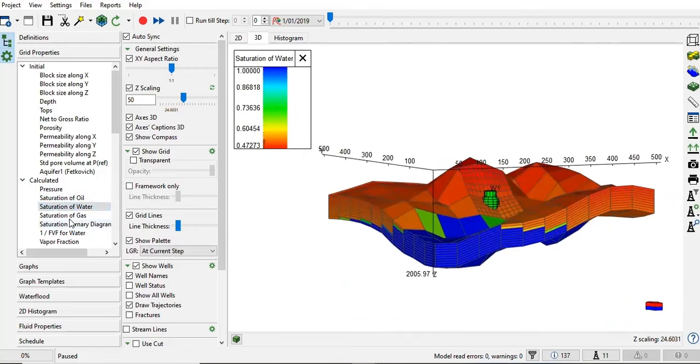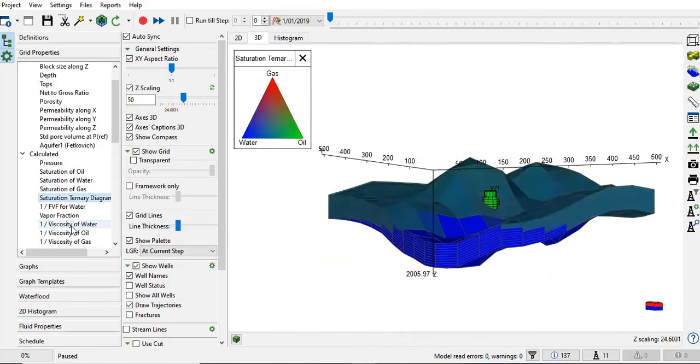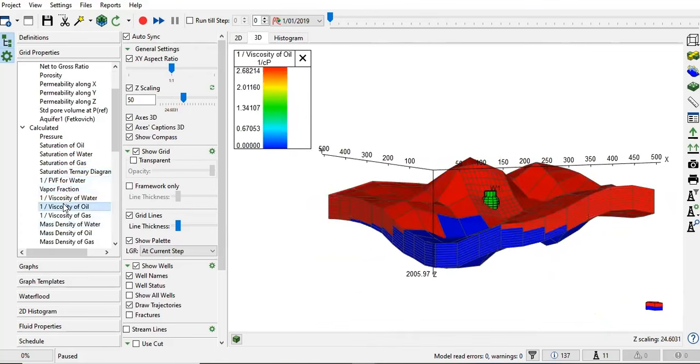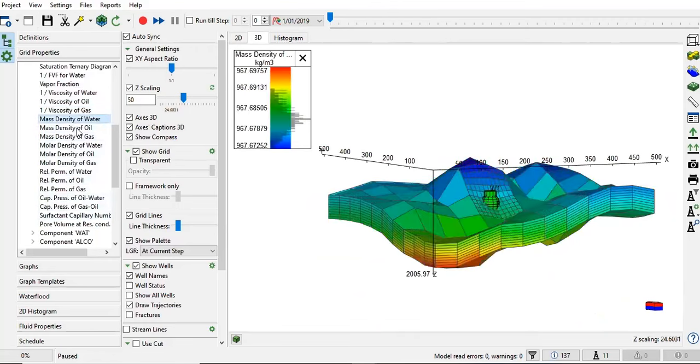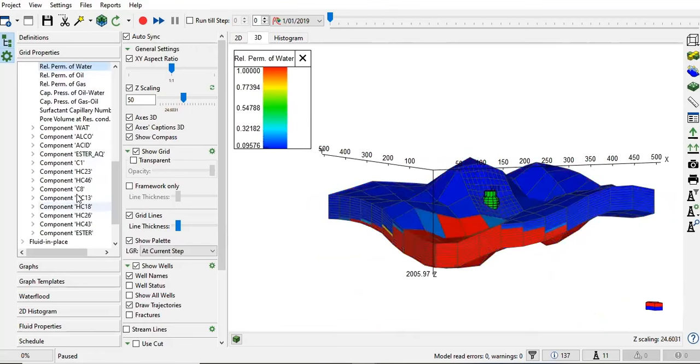Water, gas, ternary, and then other properties. Okay, and you can see here, this is a calculated model, and we have many components. Basically, it's a compositional modeling.